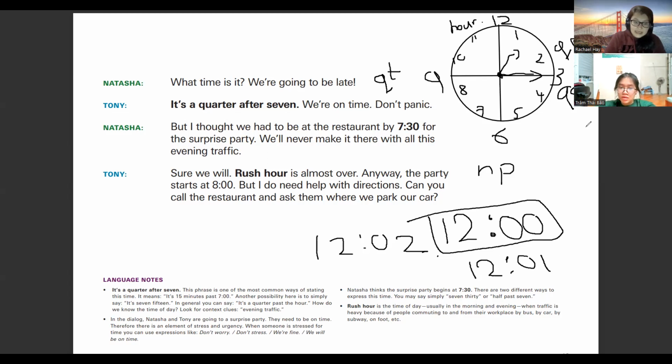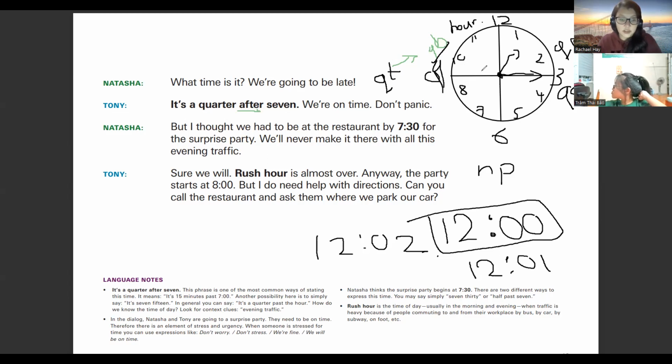Another possibility here is to simply say it's 7:15. So this is quarter before. No, quarter to. I know, but if this has quarter after, did it have quarter before? Then technically speaking, this would be quarter before because it's a quarter before the next hour.